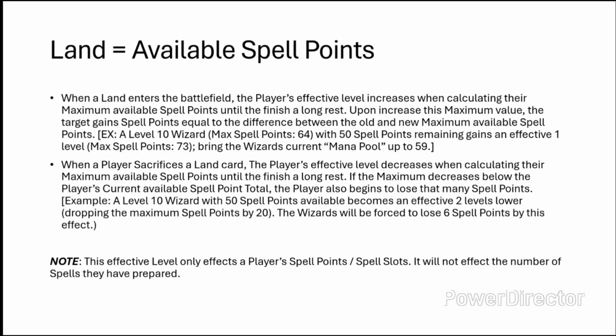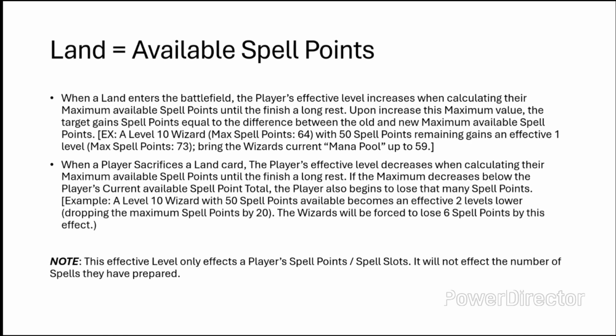This has the exact opposite effect when a player has to sacrifice a land. The effective level decreases by 1 when calculating maximum available spell points until they finish a long rest. If the maximum decreases below the player's current available spell point total, the player also begins to lose that many spell points.